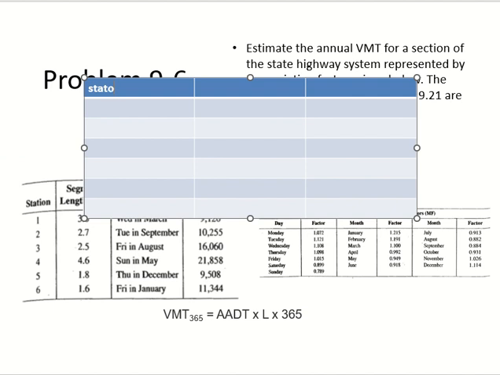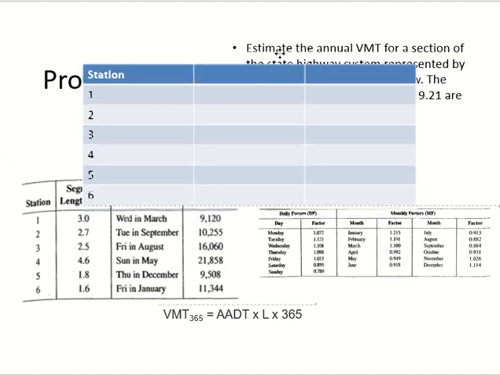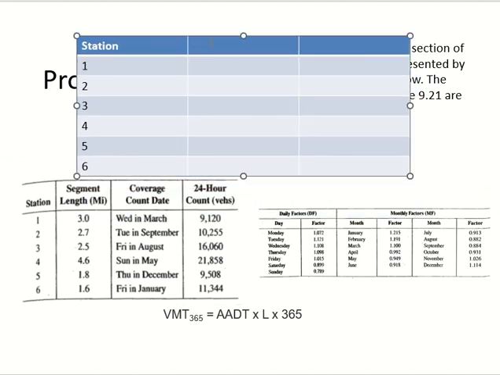Okay, so station 1, 2, 3, 4, 5, 6. I'll calculate its AADT first. For the first station, the count is 9120. It's taken on Wednesday.